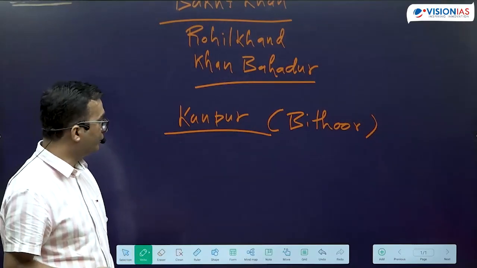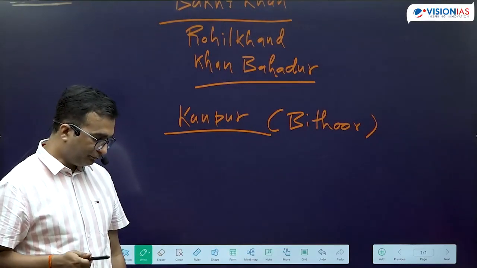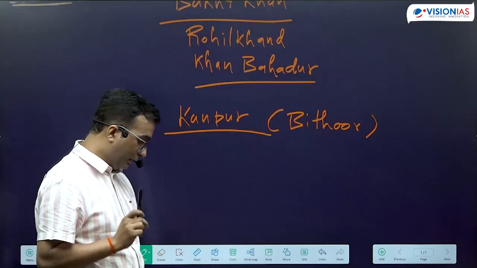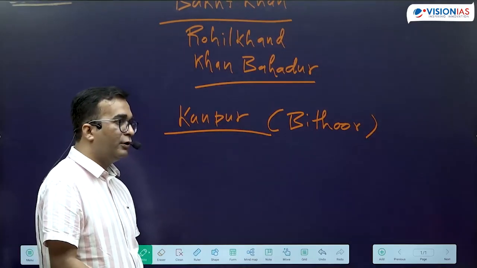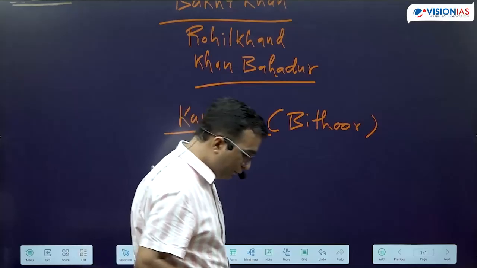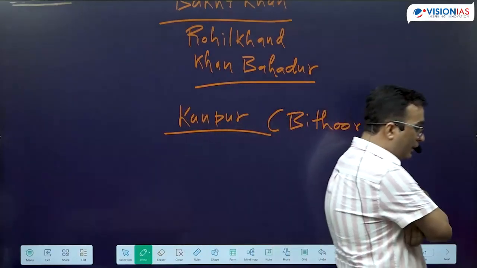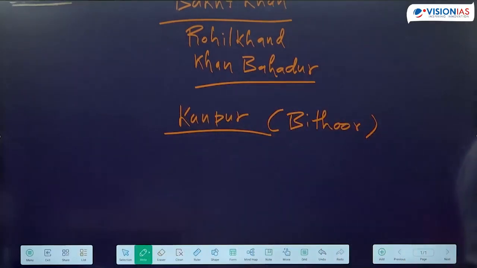Then mention: Bithur was the small principality given to the last Peshwa, Bajirao II.